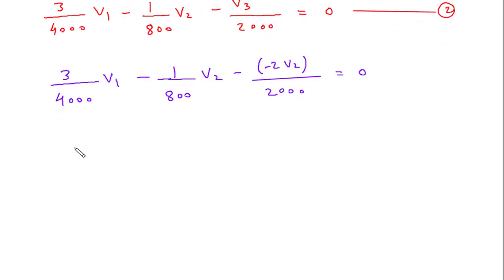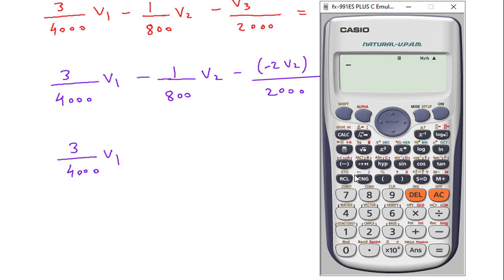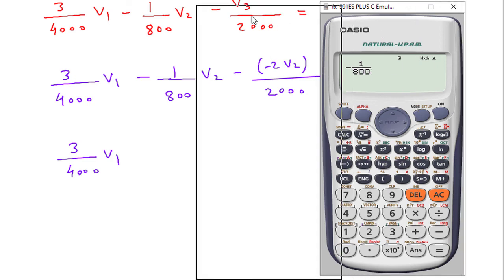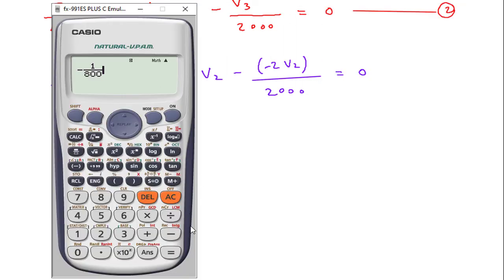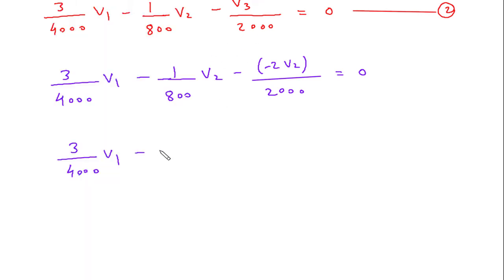So this will be 3 by 4000 V1 and minus 1 by 800 minus 2 by 2000 minus 1 by 4000 V2 is equal to 0. Let's say this is equation number B.